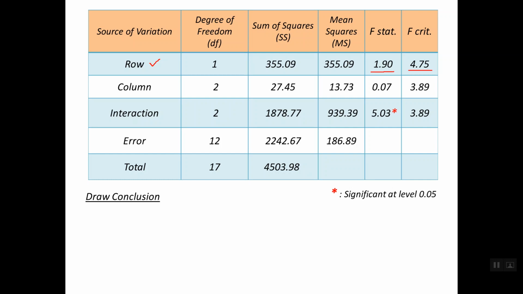Regarding the second factor, which is the column, again the value of the calculated F is 0.07, and it is significantly less than the value of the F critical. So again, for the second factor, because the F statistics is less than the F critical, we accept the null hypothesis.